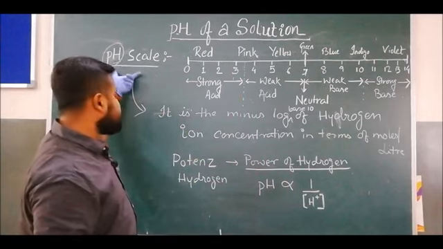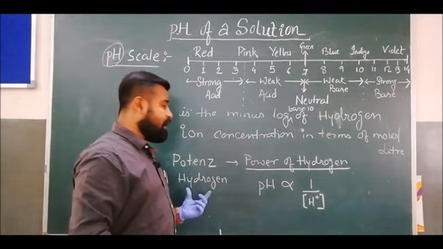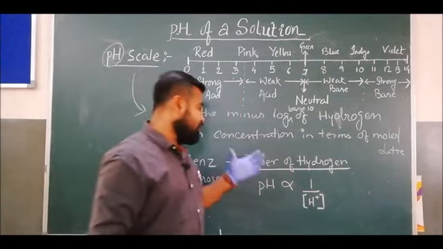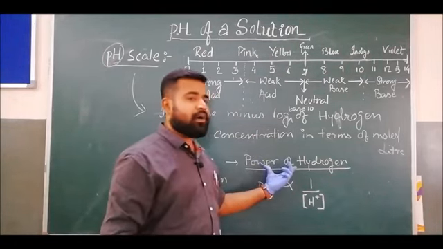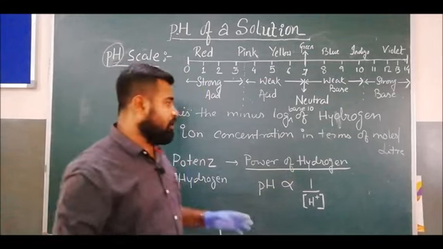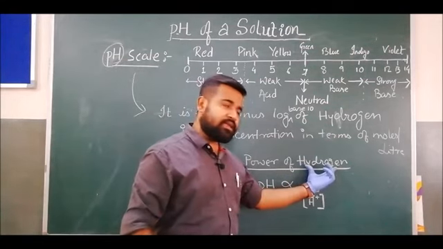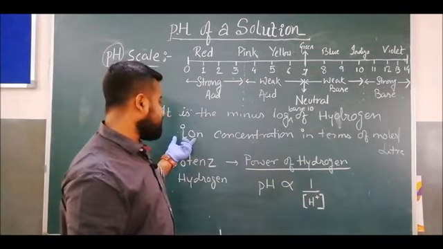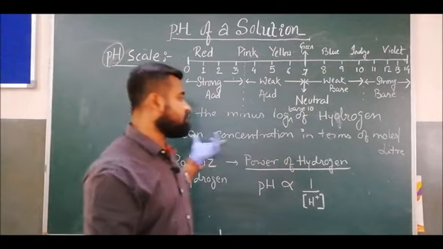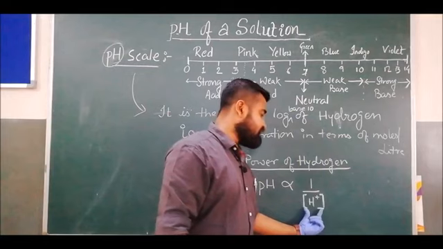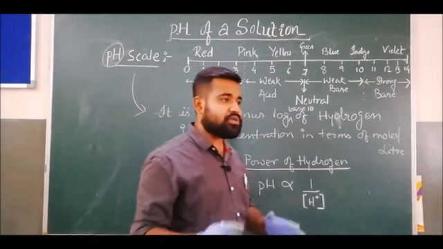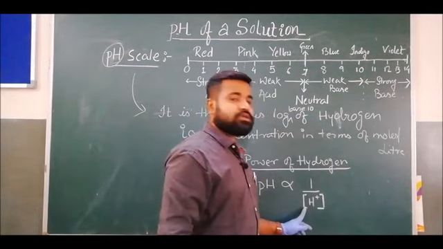So what is the pH scale? pH means potency of hydrogen. Potency of hydrogen, because this is a Latin word, so simply we can say power of hydrogen. Power of hydrogen means hydrogen ion is there. So pH is related to hydrogen ion concentration. Concentration is generally represented in square brackets.